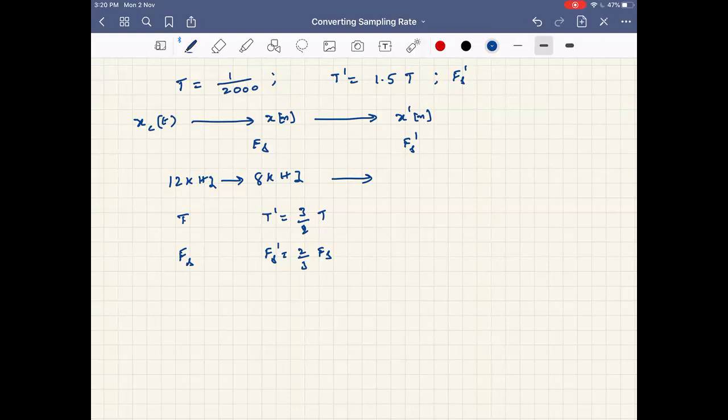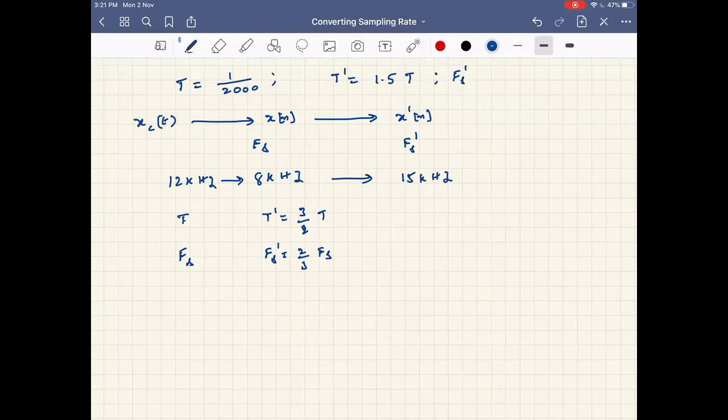Again we may wish to transfer back to 15 kilohertz, for example. So for all these purposes, we need fractional sampling rate conversion as well. Now the question is, how do we change the sampling rate by fractional multiples of the original sampling rate? Or similarly, how do we change the sampling period by a fractional multiple of the original sampling period?